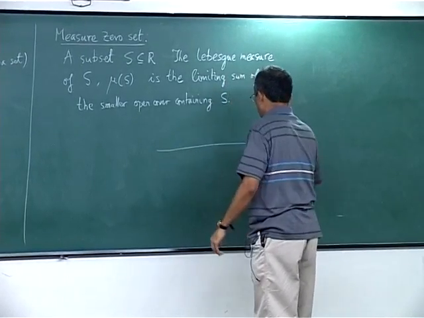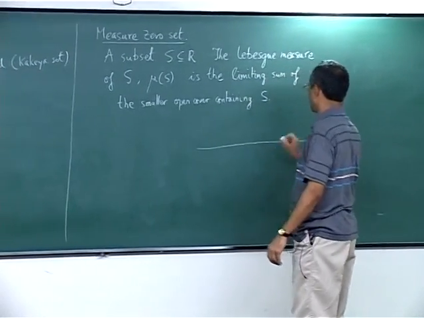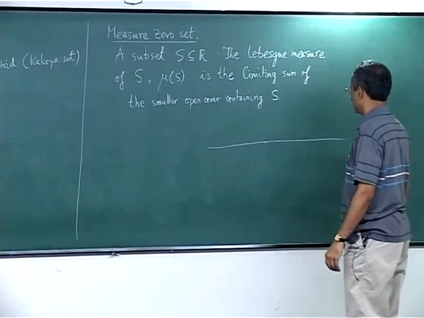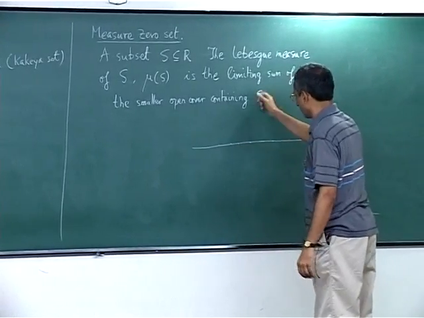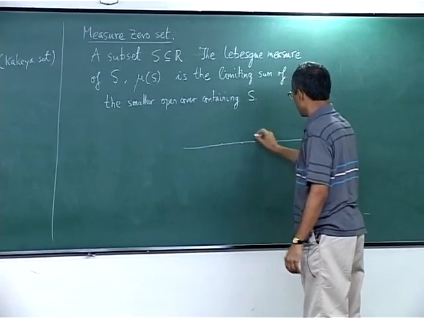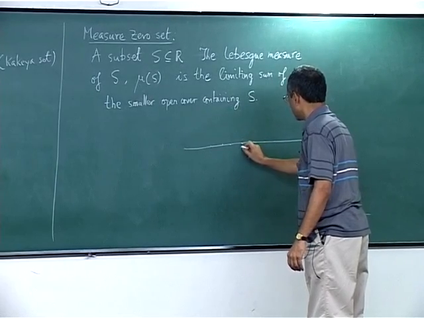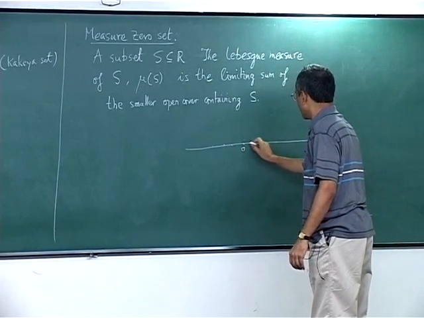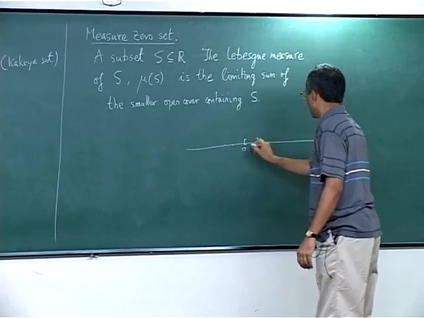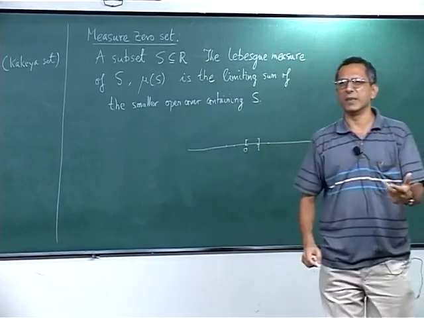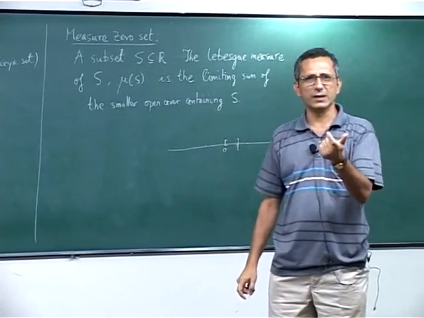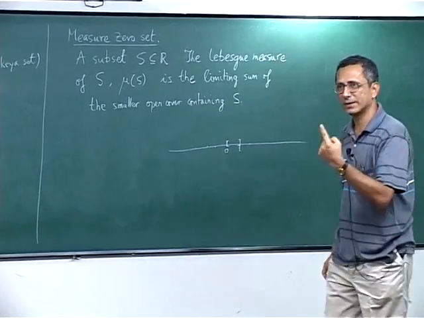So on the real line, suppose you're given some set. Let's start with a simple example. This is 0 and this is 1. What should be the measure of the interval 0, 1? It should be 1.